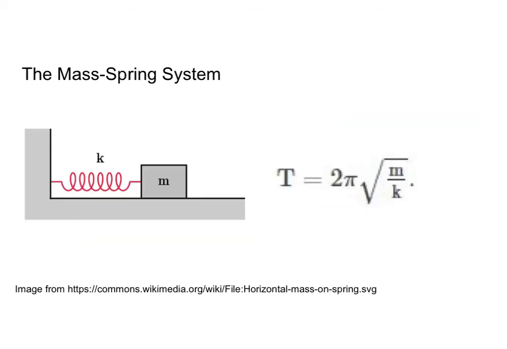So let's go ahead and look at one more example of simple harmonic motion, and that is the mass spring system. So here we have a mass attached to a spring of spring constant K. Now, this mass is sitting on a frictionless surface, so we have no force acting on it except for the spring force.